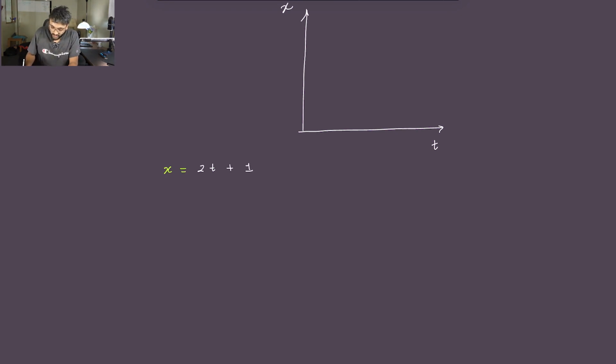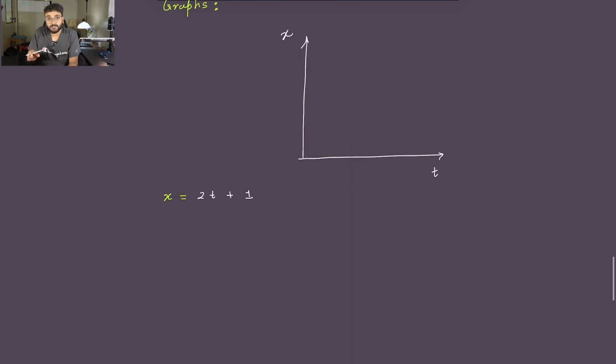Okay, now you can plot this equation on this graph and you get a more graphical picture of what is happening to the position with respect to time. Okay, let's see how you plot these kinds of equations.